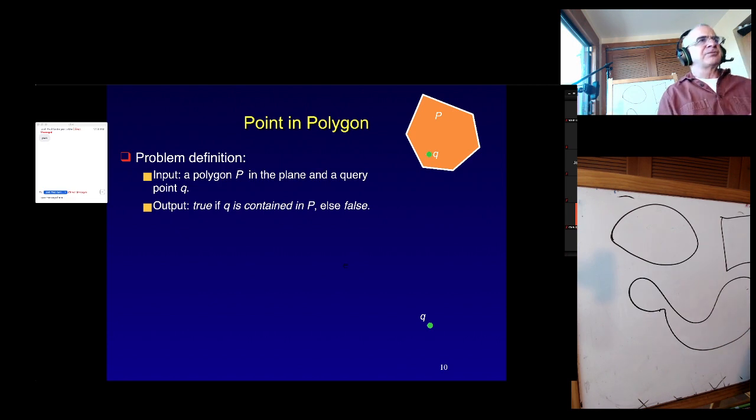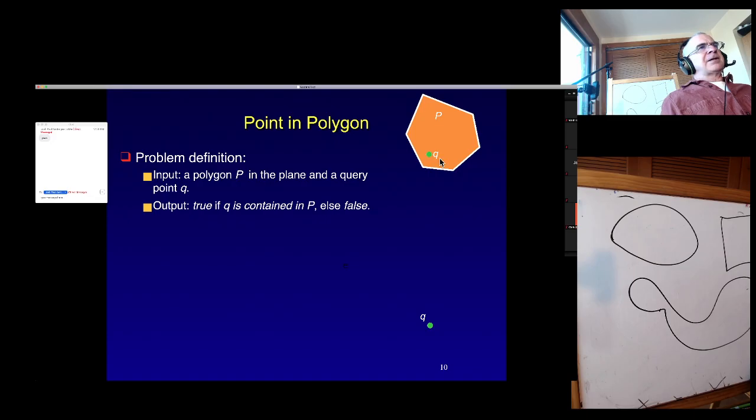We'll talk about formal definitions later in the course, but to answer if a point Q lies inside the convex polygon P, if you allow me to do some binary search on the edges of P, I can answer quite fast. Fast here means log n time, where n is the number of edges.